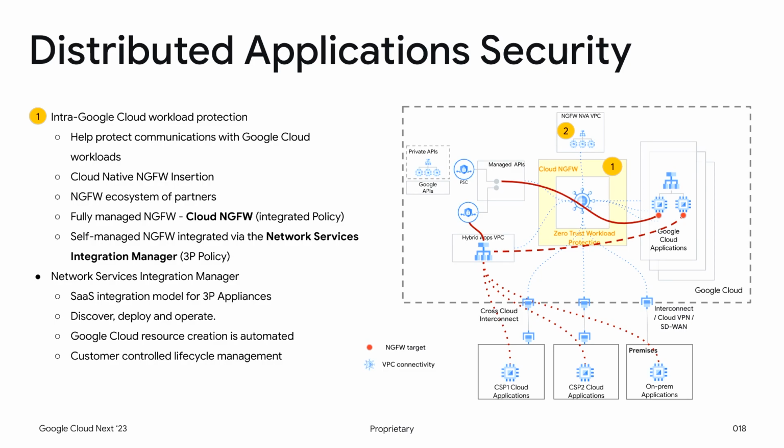And we understand that you probably have a big investment in your existing policy language and tooling and integrations and so forth. So for you to bring all that over and still get the benefits of that native plumbing, we have basically the Network Services Integration Manager, or affectionately known as NSIM. And NSIM allows you to basically bring your own firewalls.